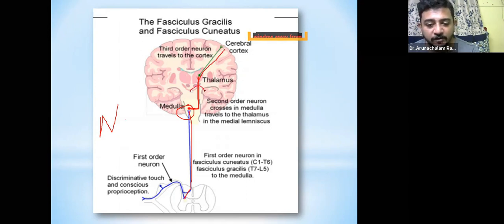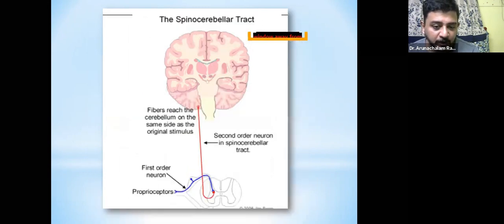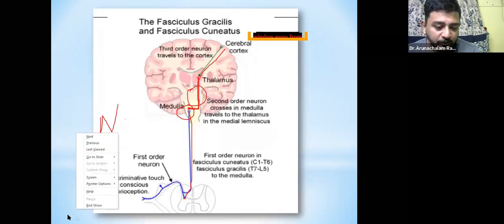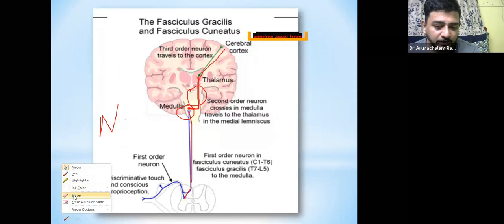So this portion of the tract traveling in the brainstem is called lemniscus, medial lemniscus. Medial lemniscus is a combination of the fibers from the gracilis and the cuneatus, but the name differs. It is called a medial lemniscus here. Okay, when I say this thing, you have to know where are the first order neuron and where are the second order neuron, third order neuron for this particular tract.